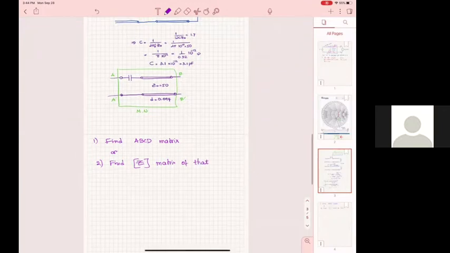Or I could say three, find an equivalent circuit for this. Let's discuss the three separate questions for the matching network.